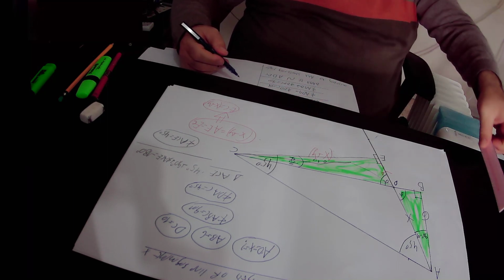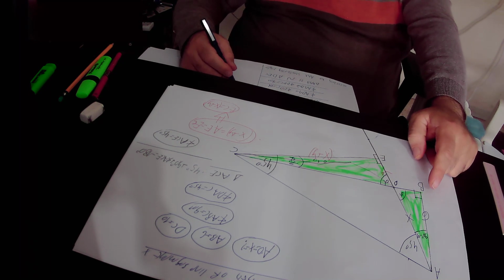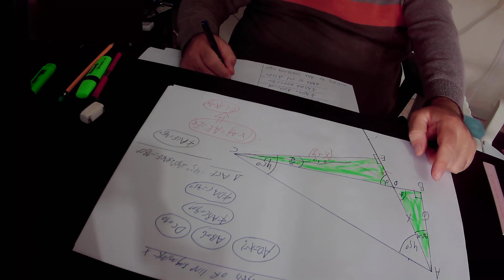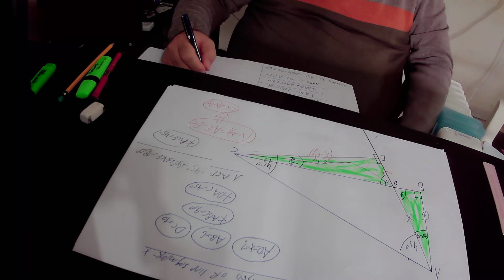According to the Pythagoras theorem, we get that AB squared plus BD squared equals AD squared.